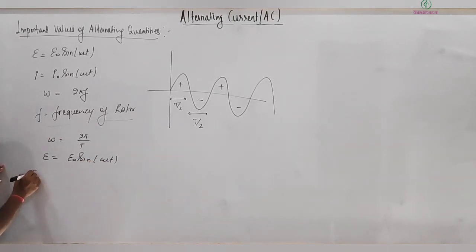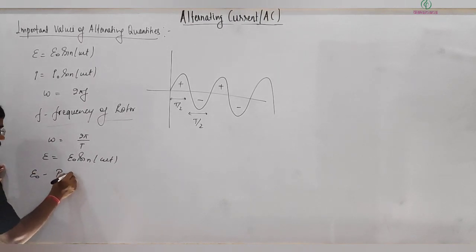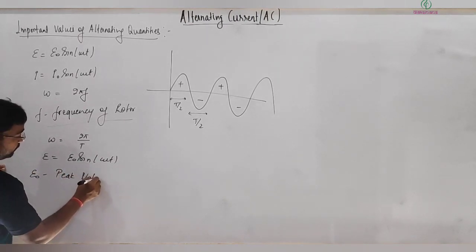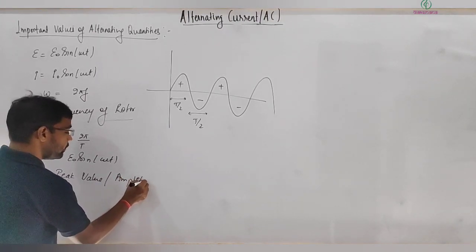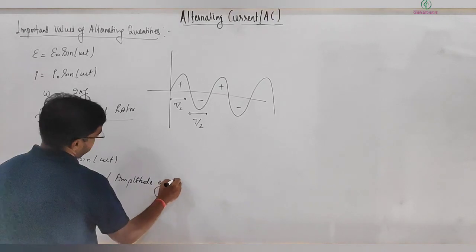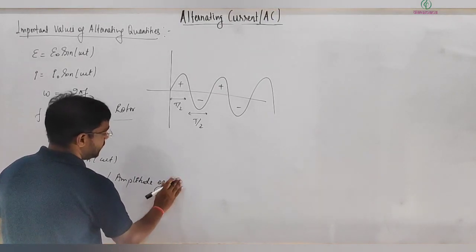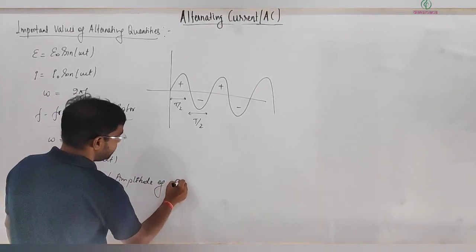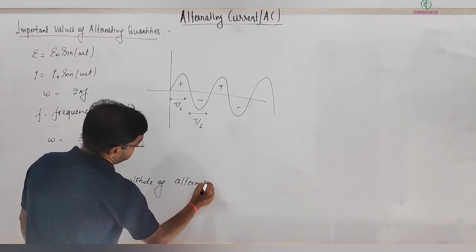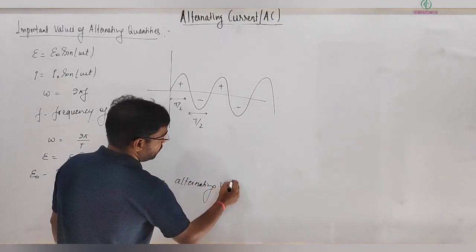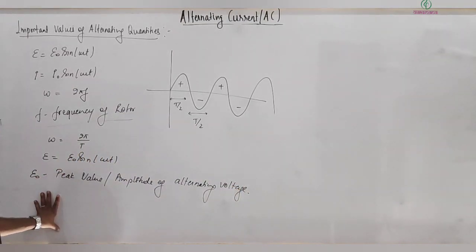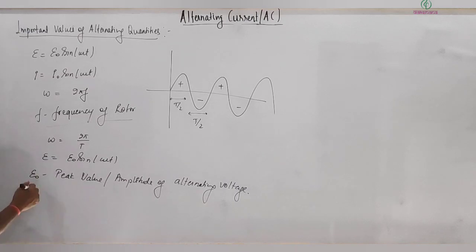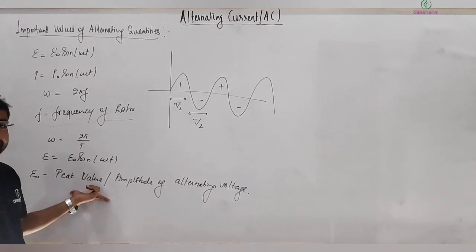Now here this E naught is called the peak value, or also called the amplitude of AC or alternating voltage. Similarly, if it is current I, then it will be the peak value of alternating current.